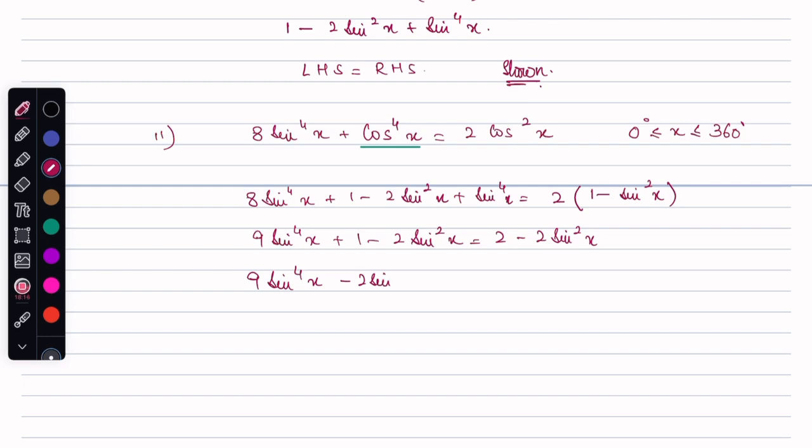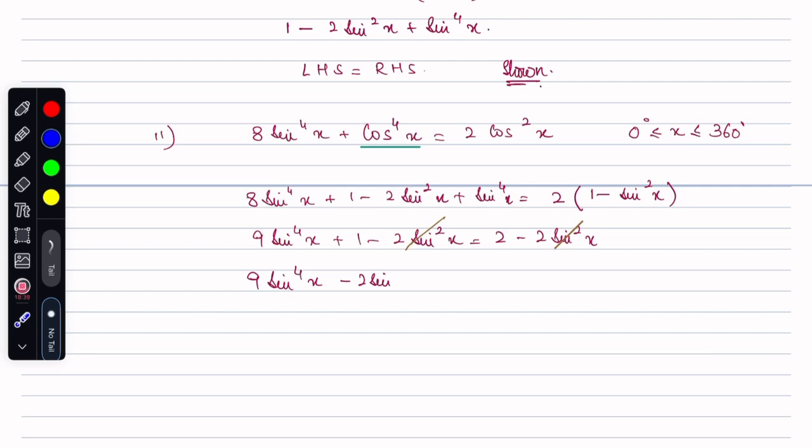In fact, here I can see that we have a negative 2 sin^2 x and a negative 2 sin^2 x on both the sides. Therefore, both of them can get eliminated, as if I take negative 2 sin^2 x on the left side, it becomes a positive. So negative 2 sin^2 x plus positive 2 sin^2 x will give you the answer as 0.